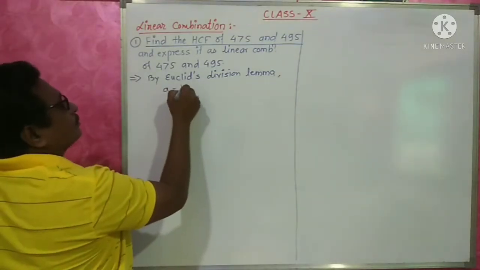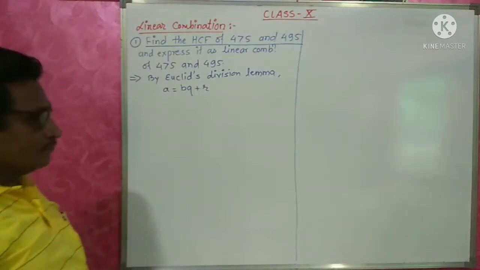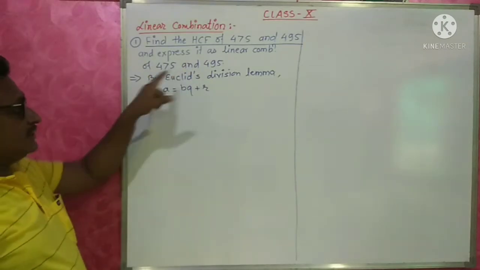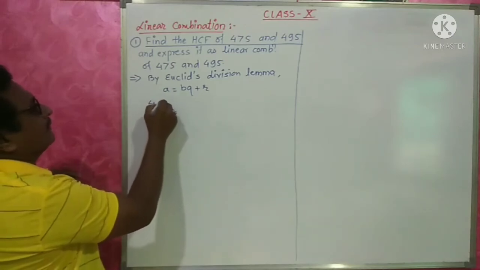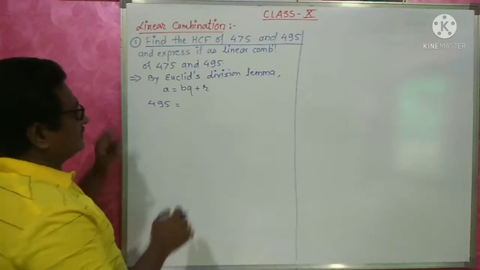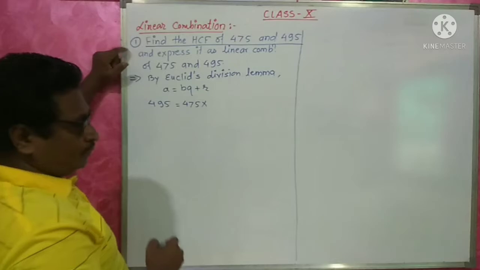A equals BQ plus R. So this we have to apply. Largest number we have to consider as A. So what is A? 495 equals, B means divisor, 475 into Q.